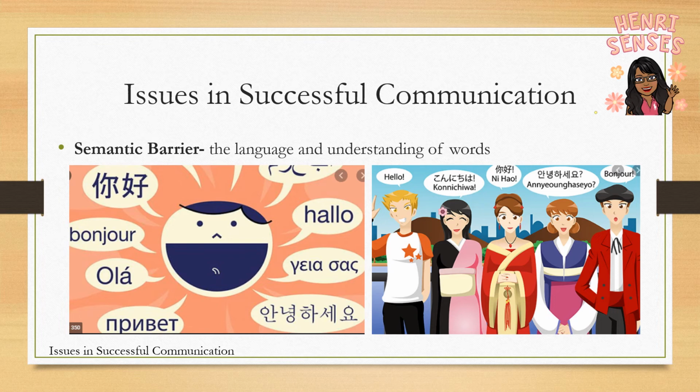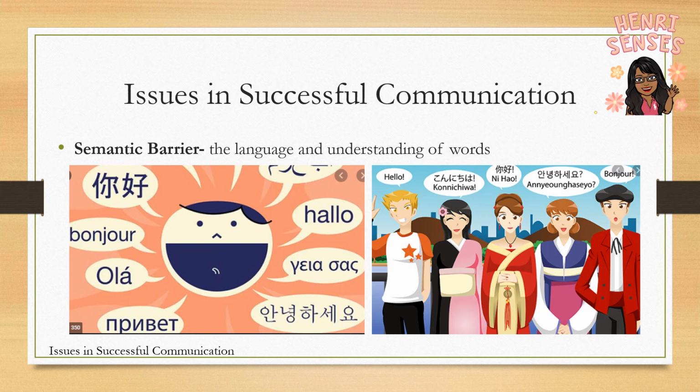For example, if I am from Cebu, and I use a word that has a similar word in Filipino, in Tagalog, but they mean differently, then they will have different interpretations, because that's semantics.